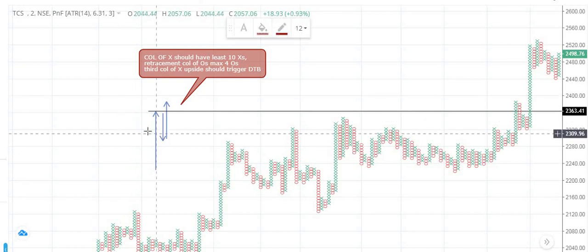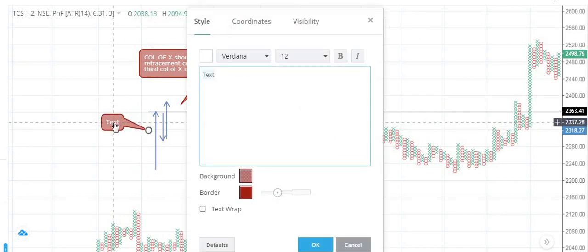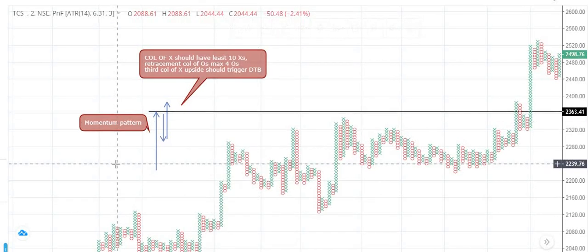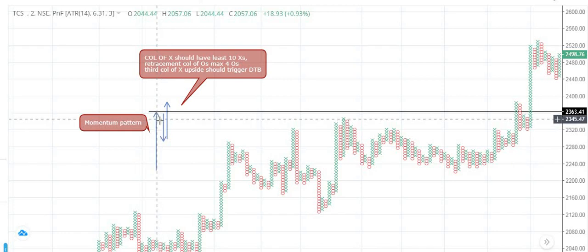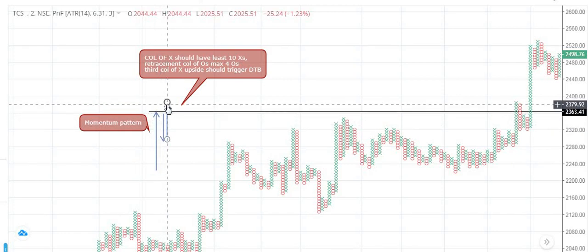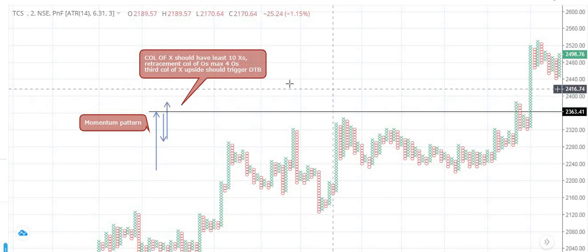So the name of this pattern is momentum pattern. Why momentum pattern? I have given you the reason already. It builds a momentum, halts, and after the halt, if it begins to the upside, we'll get in, right?